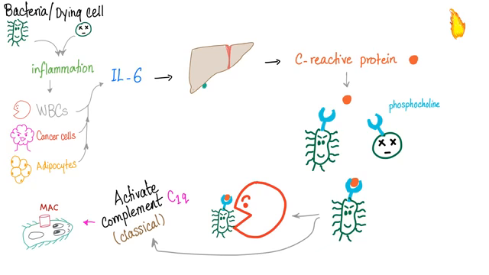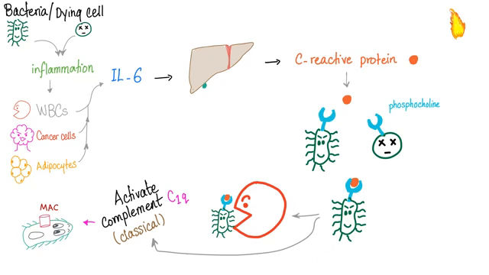The liver will secrete C-reactive protein, but the C-reactive protein needs a receptor. Like any molecule in your body, to exert an action, it needs a receptor. The receptor here is called the phosphocholine receptor. It's on the bacteria, it's on the necrotic cell. Cool. Then once the receptor is attached to the ligand, in this case the C-reactive protein, the macrophage is stimulated.